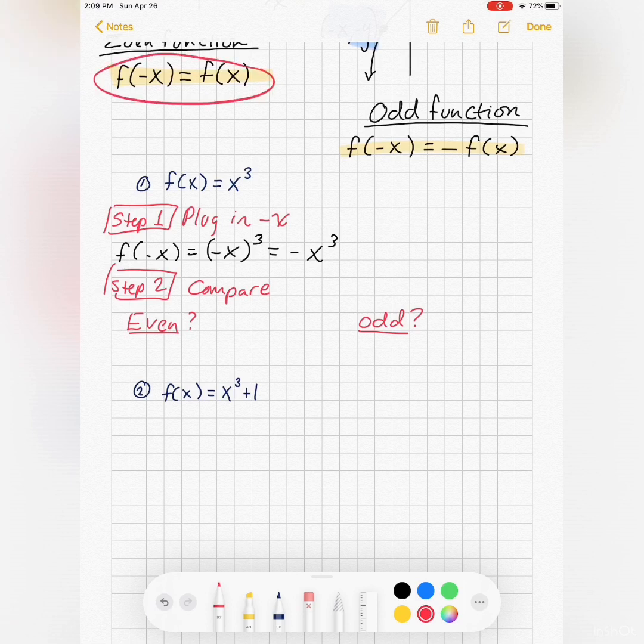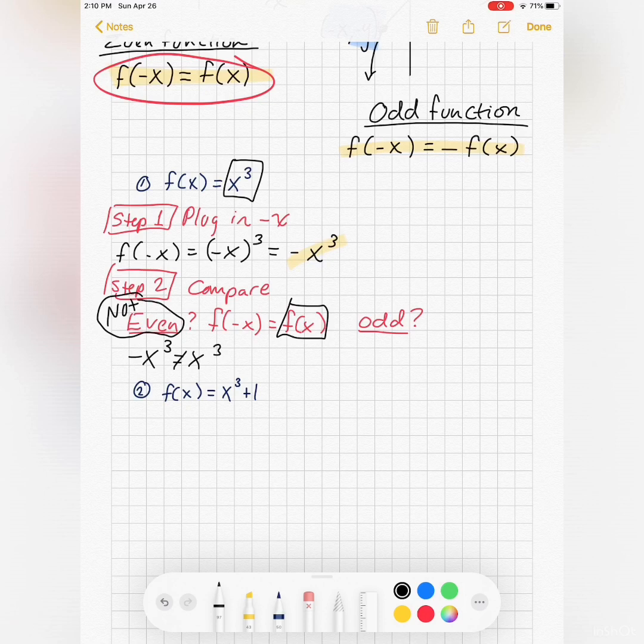For the function to be even, f of negative x has to be the same as f of x. Here's my f of negative x. Is f of negative x equal to f of x? Are those two things equal? No, those are not equal. So I would conclude this guy is not even. What about odd?